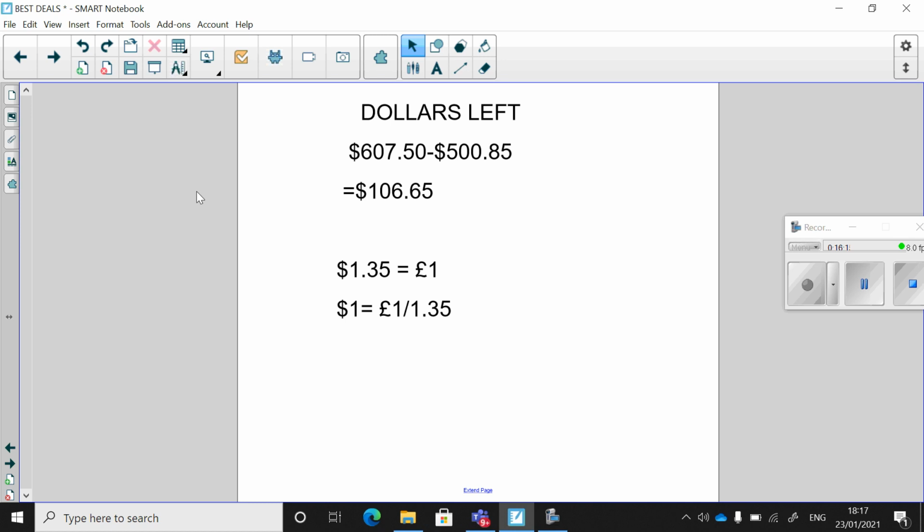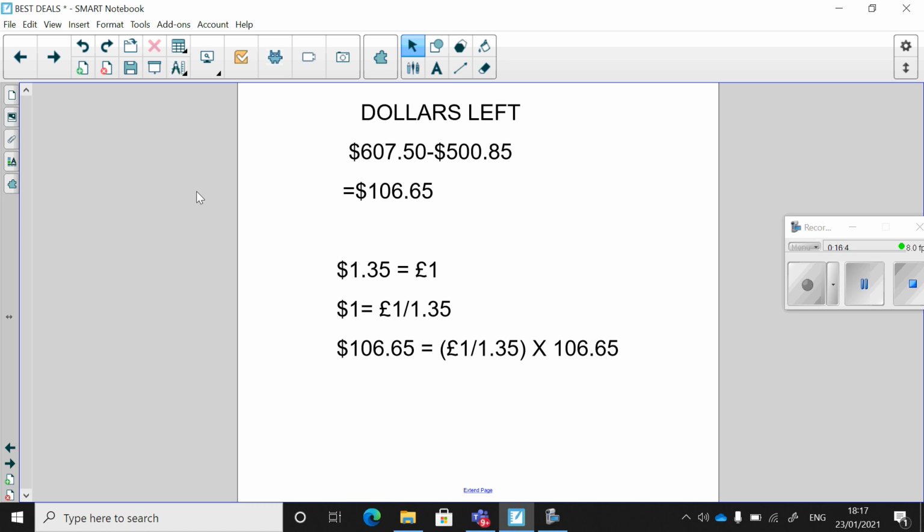You can put that in your calculator if you want. 1 divided by 1.35 will give you a horrible answer. I'm not going to do that. But what I want to know is, Shuggy's got 106.65 left. So I'm just going to scale that up by 1 divided by 1.35. So that's what I've done there.